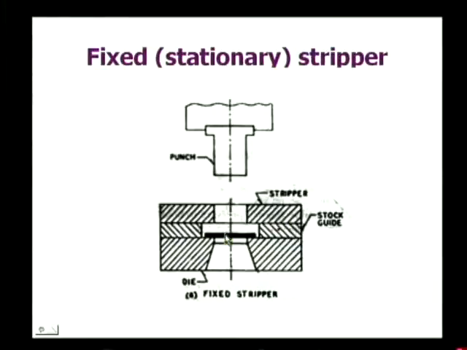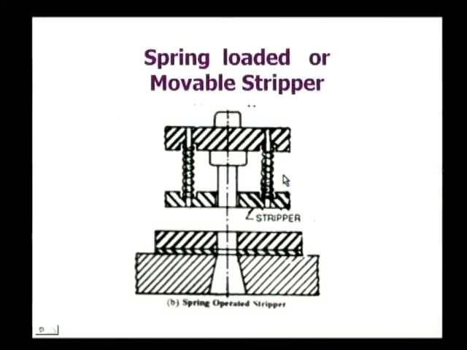In fact, the stock is moved perpendicular to the plane of your television. As it is moving, after the punching operation is over, the remaining scrap may be lifted up, and this moving up of the remaining scrap material is prevented by this stripper plate. So, it is fixed, and hence it is called a stationary stripper.